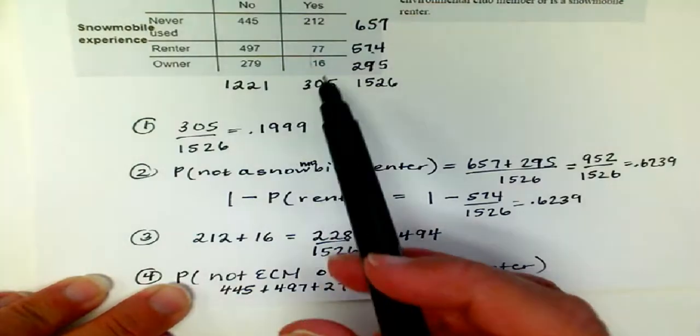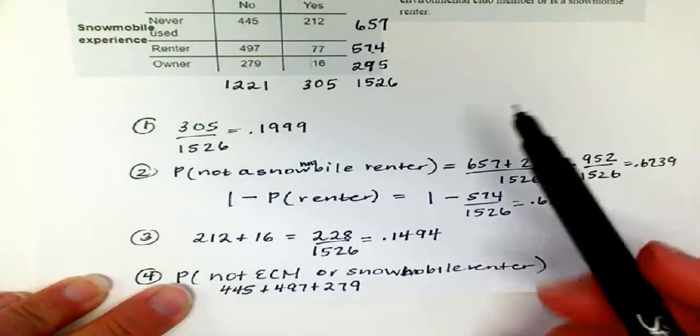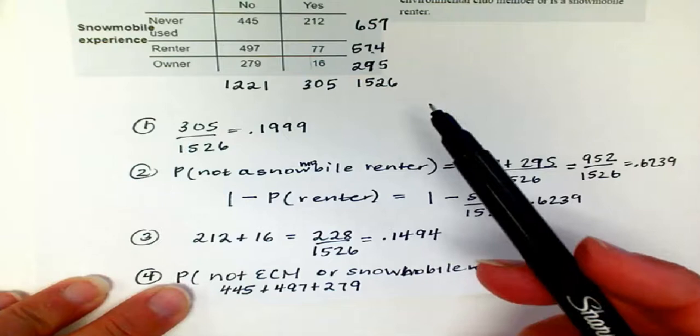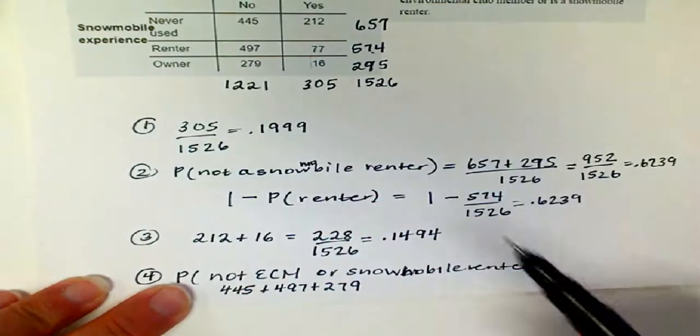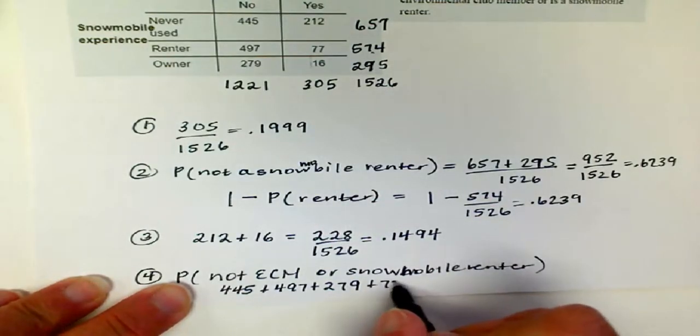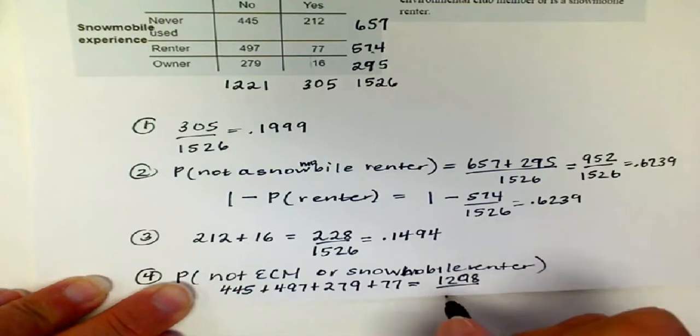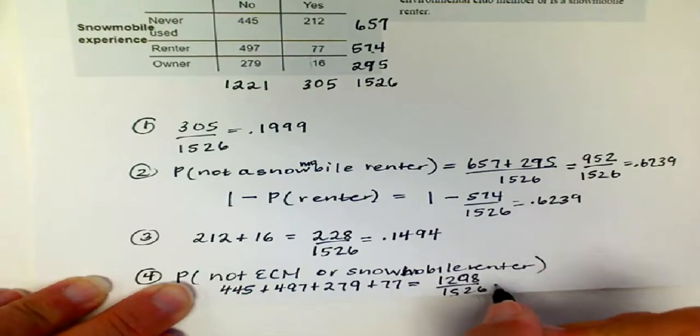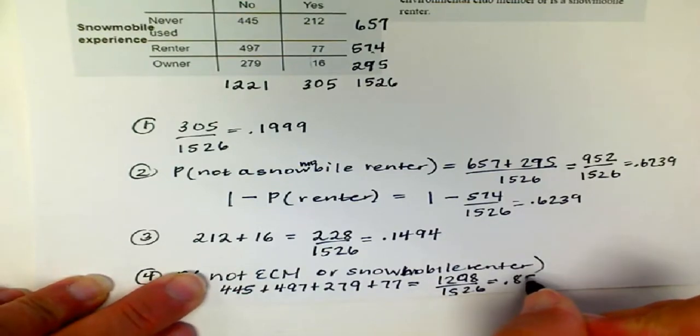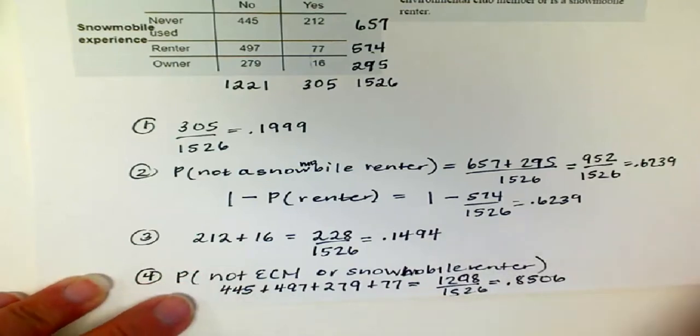So a snowmobile renter would be, and you've already put the 497 in, so you just need to add the 77. So I kind of just went through and picked out those numbers and added those together. And that's what I got here, 0.8506.